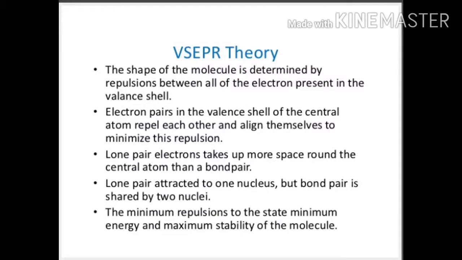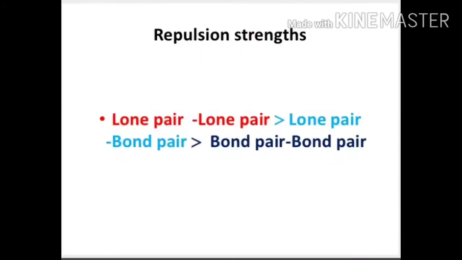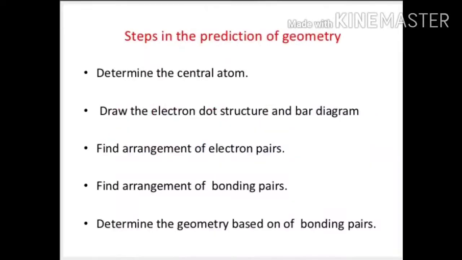That explains the shape of the molecule. Hence, the repulsion between two lone pairs is greater than between a lone pair and a bond pair, which is further greater than between two bond pairs. Now, what are the main steps to determine the shape of a molecule?